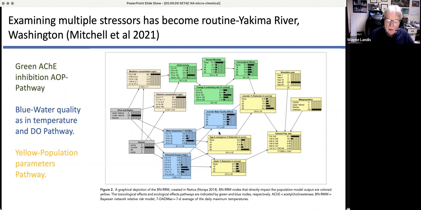The yellow are the kinds of effects that occur as these materials go through and organisms are exposed to it. In this particular case, we're just looking at one organism or one endpoint, and that's Chinook salmon populations in the Yakima River. It was actually a meta-population. So this is the fundamental structure of our Bayesian networks, and it's been consistently this way for a long time.